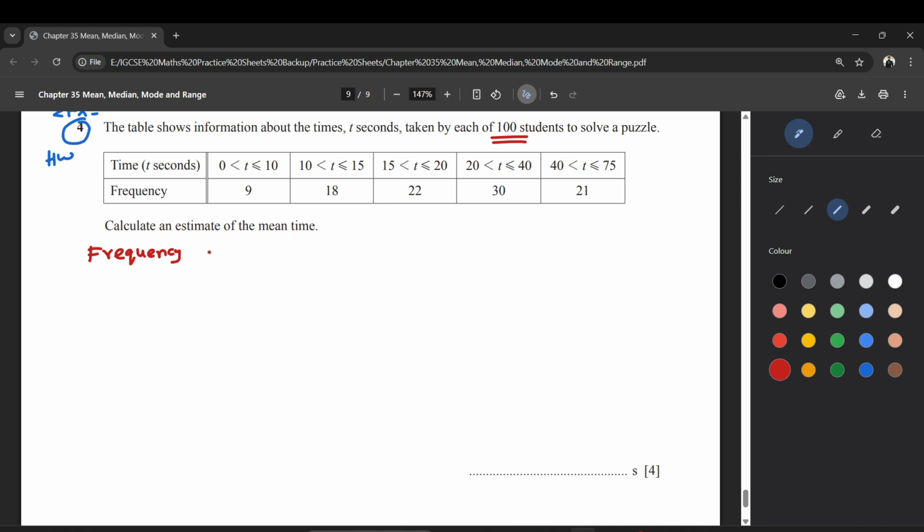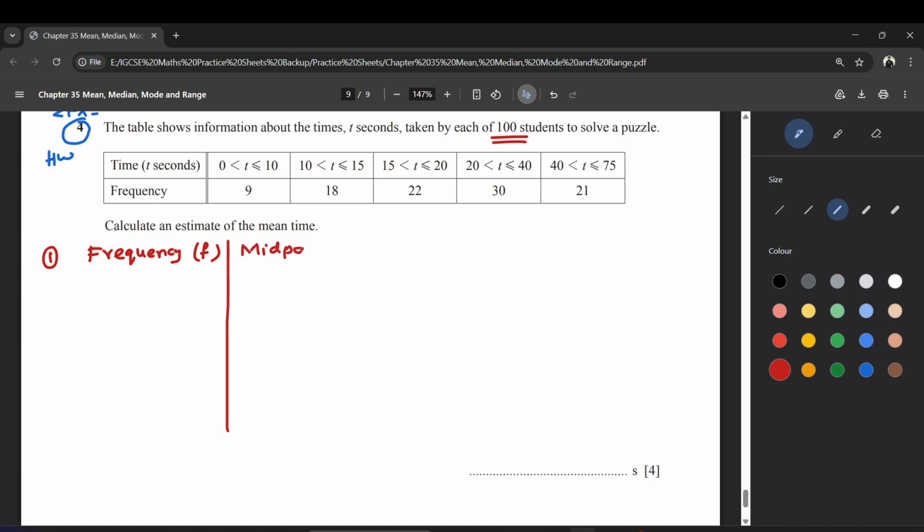So the first one is going to be my frequency table. Let me draw a column. Just a minute. All right, so that's the first column for frequency.